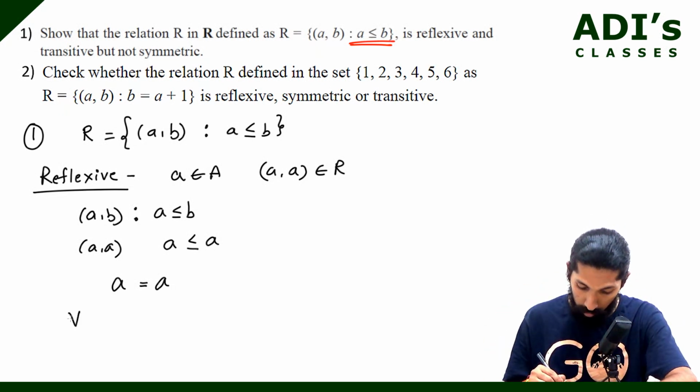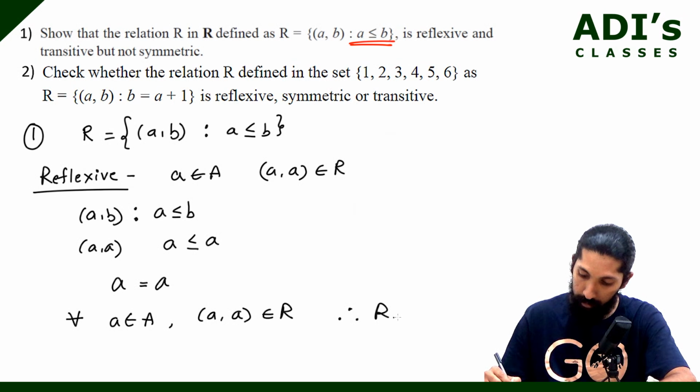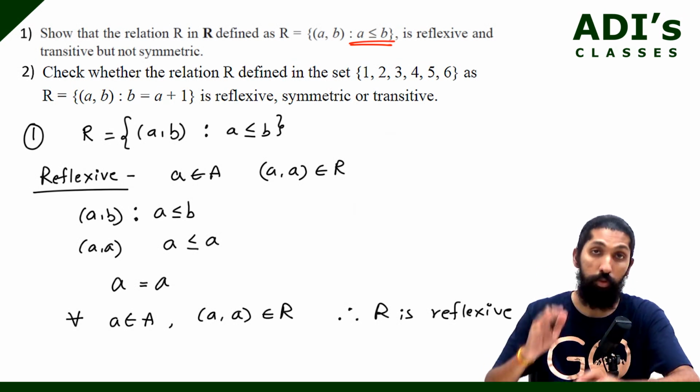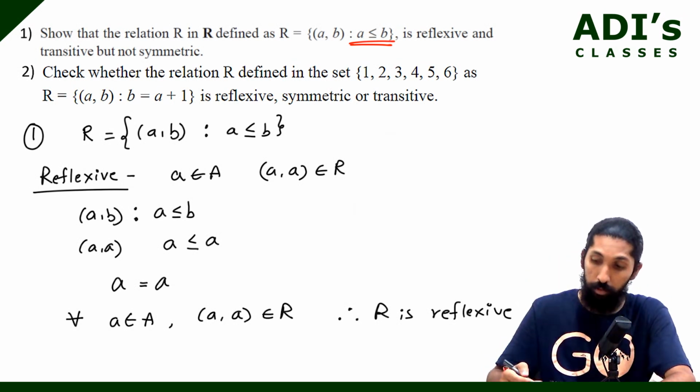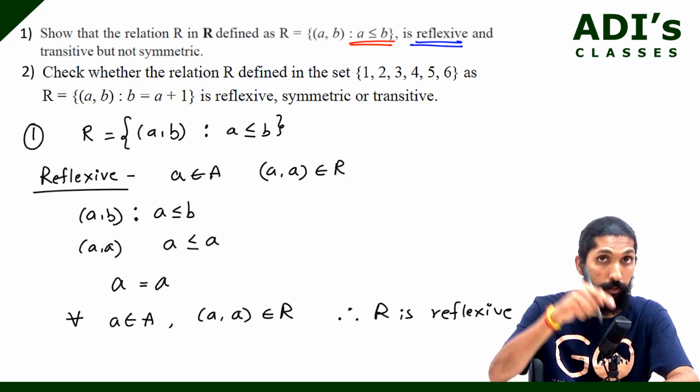For all a belonging to A, (a, a) belongs to R. Therefore, R is reflexive. So one part is done. We proved that it is reflexive. Now we'll go for the transitive part.